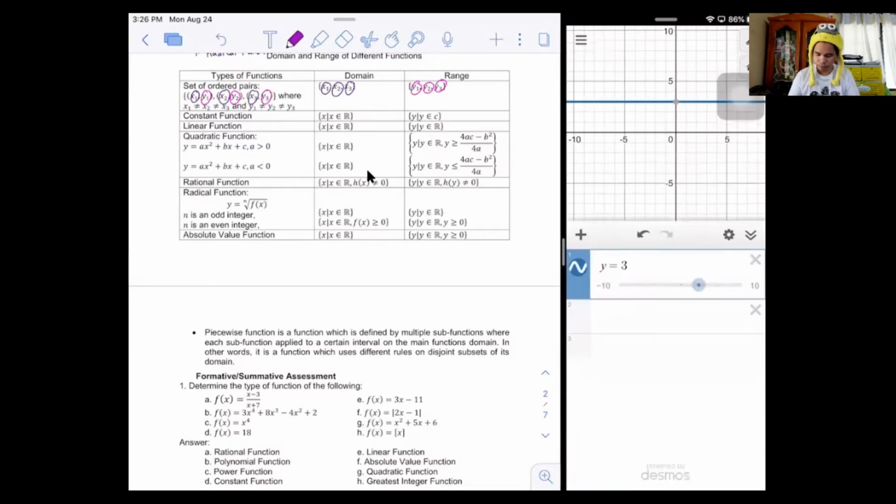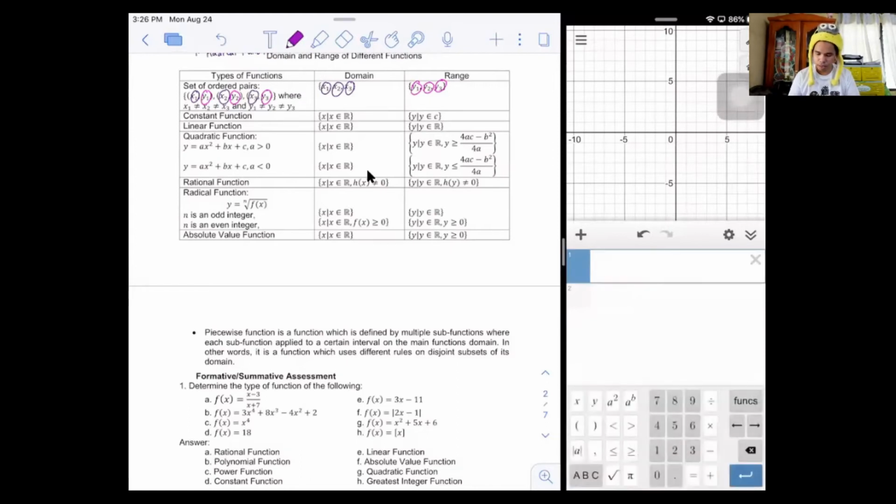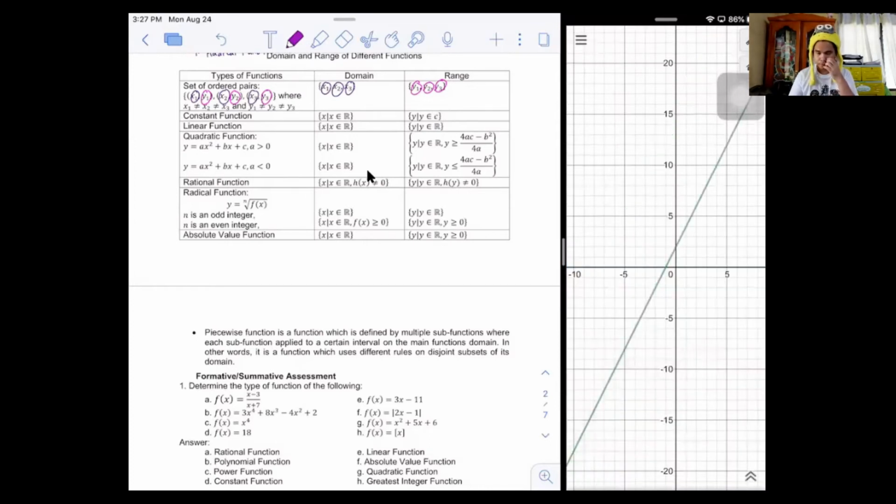Next, linear function. So kani familiar na mo ani. So y equals, say for example, 2x plus 2. Something like that. And of course, when we say linear, the graph of that function is line, straight line.